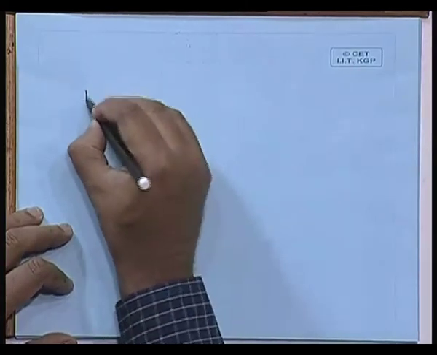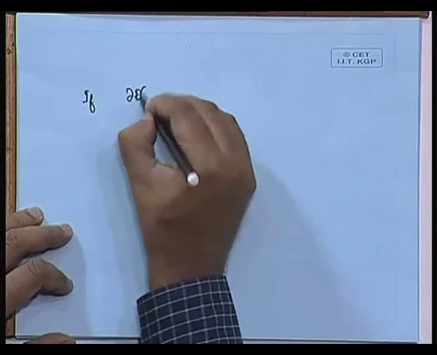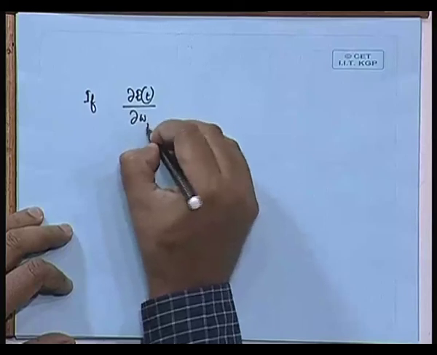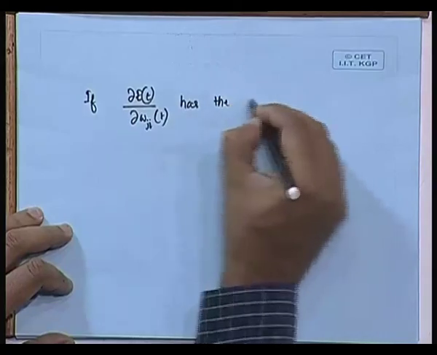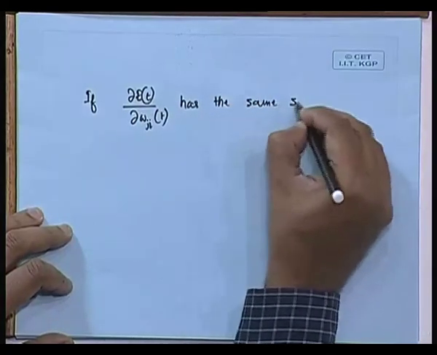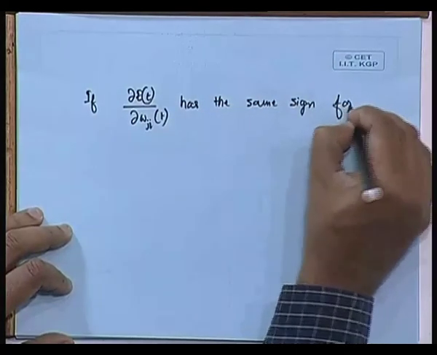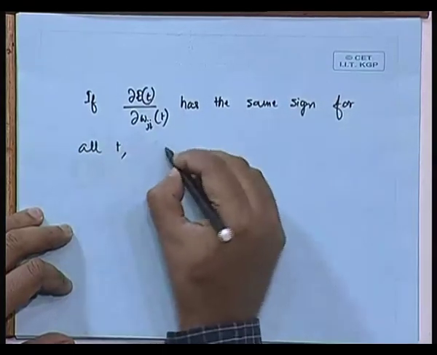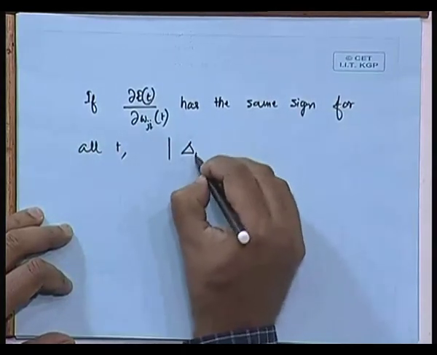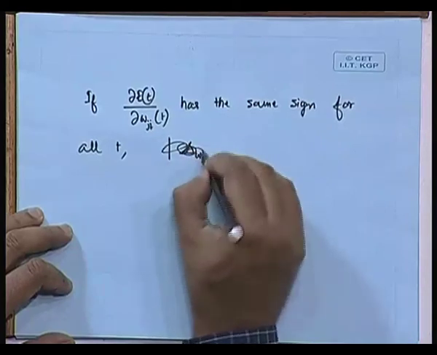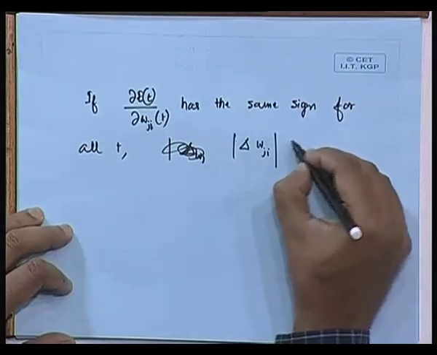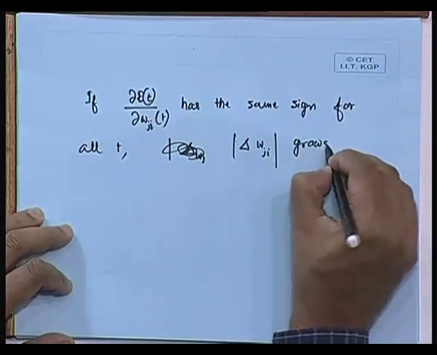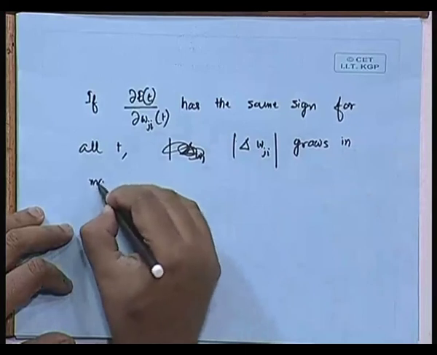So, I can say that if dou E dou Wji has the same sign for all t, then the modulus of delta Wji grows in magnitude, correct?